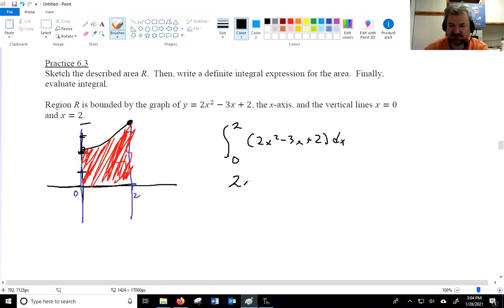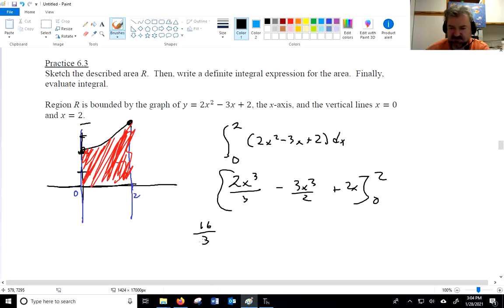When we integrate, we get 2x cubed over 3 minus 3x squared over 2 plus 2x from 0 to 2. Now plugging in 0 to this is just going to be 0, so really we just got to do the 2. 2 cubed is 8 times 2 is 16, so that's 16 over 3. 2 squared is 4 times 3 is 12 over 2 is 6, and then we have plus 4.